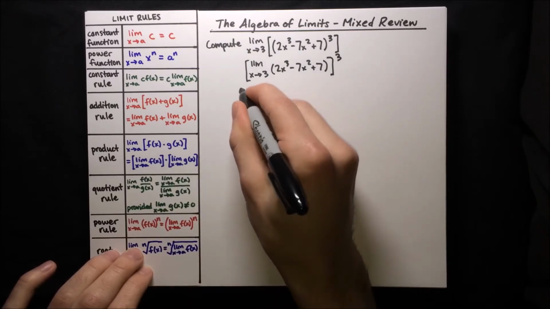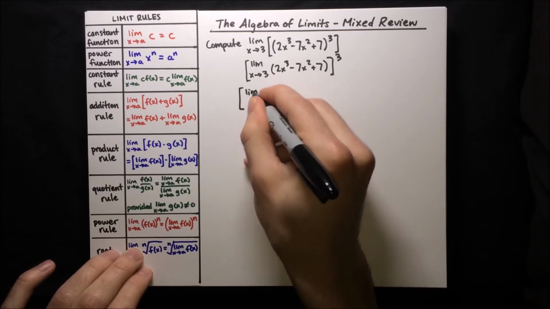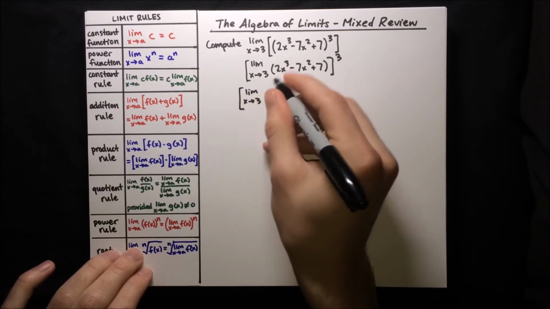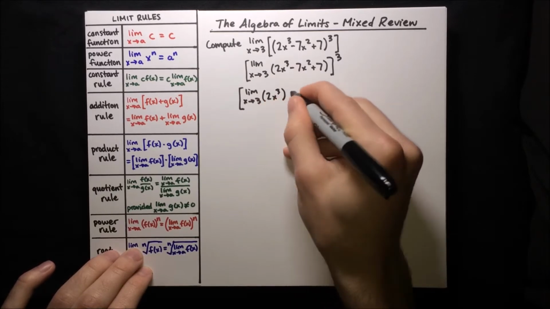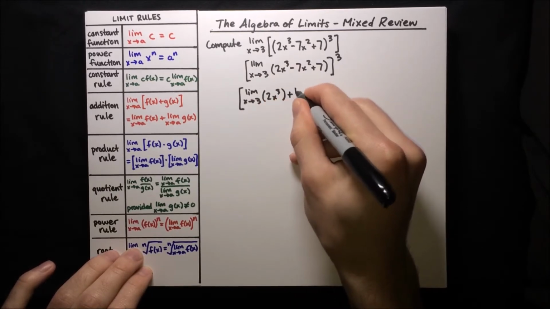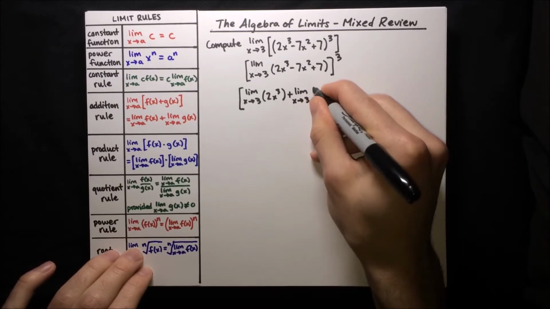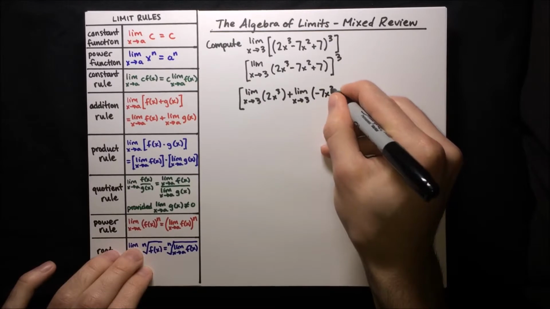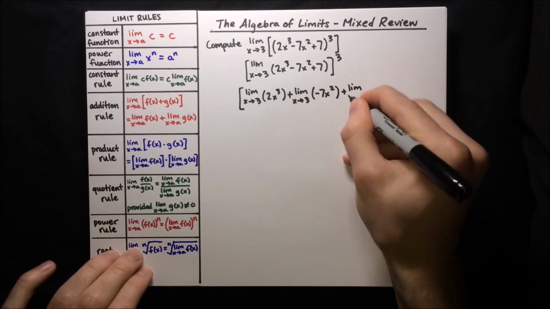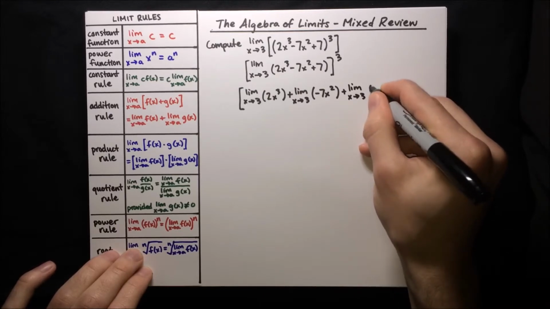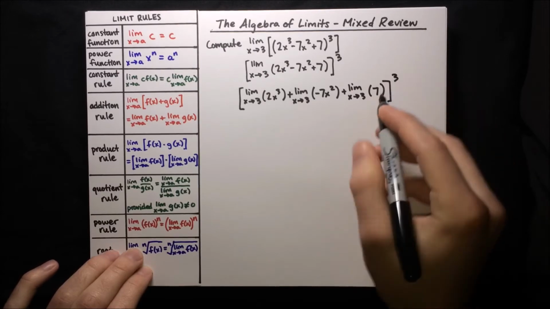So limit as x approaches 3 of the first term 2x to the third, then plus the limit as x approaches 3 of the second term, negative 7x squared, and then plus the limit as x approaches 3 of the third term, 7. And all of that is going to be raised to the third power.